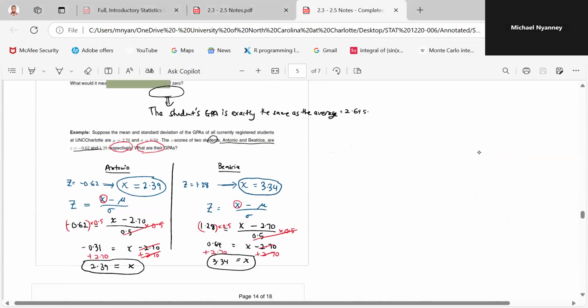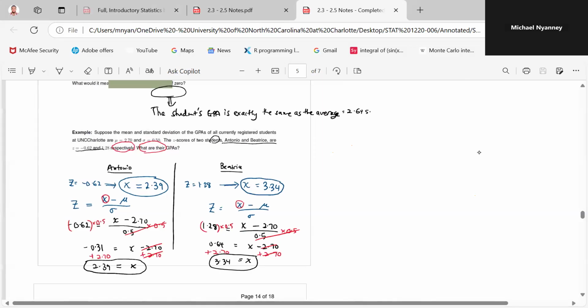Suppose you have the mean and the standard deviation of all currently registered students, and you have the z-scores of 2 students, Antonio and Beatrice. What are their GPAs? You want to find their S again.